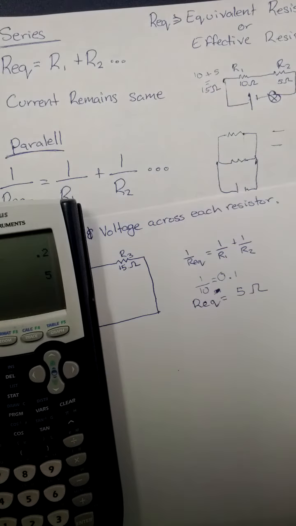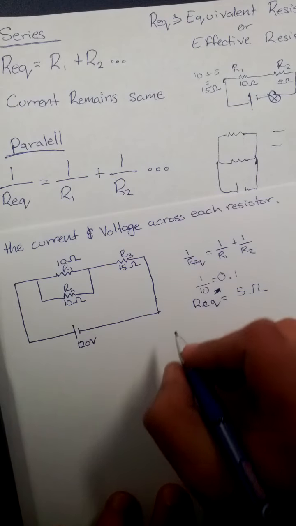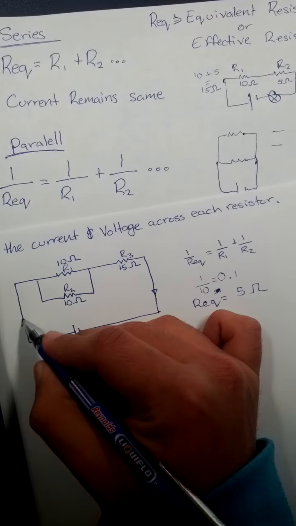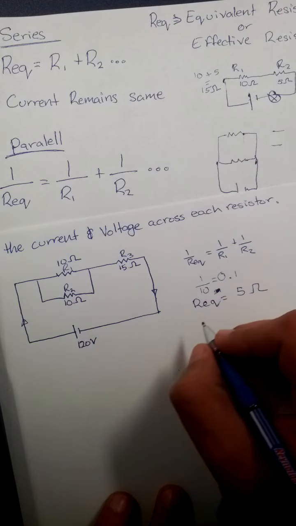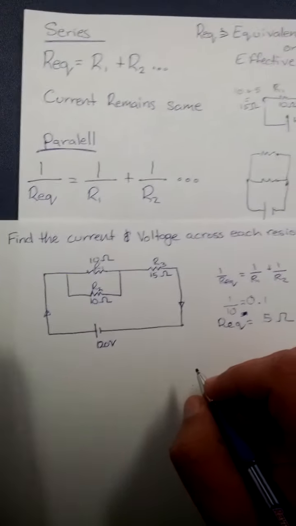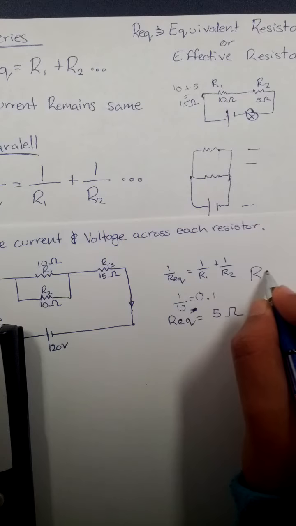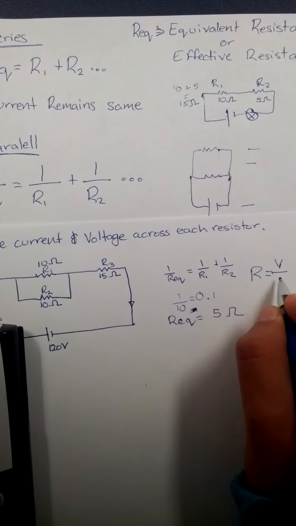Like I said, we accomplished the first part of the problem, and now we have to find the current throughout the circuit. To do that, we have to use the most important formula for this chapter, and that is resistance R equals voltage V, the potential difference, over current I.